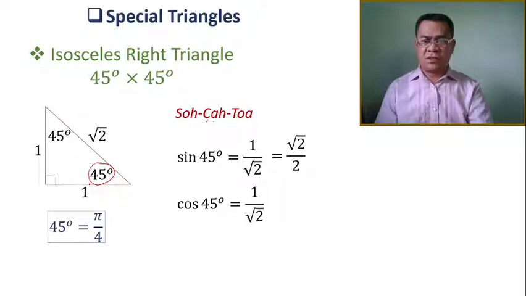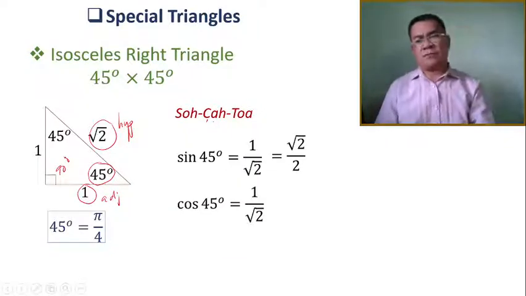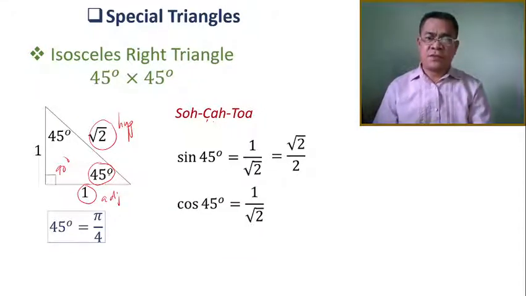In this case, we can call this the adjacent side, and again this is the hypotenuse. The hypotenuse side is always opposite to the 90 degrees. So since this is 90, it is always the hypotenuse. Now the adjacent and opposite depend on the deciding angle. If you decide to have this angle, then this would be our adjacent.